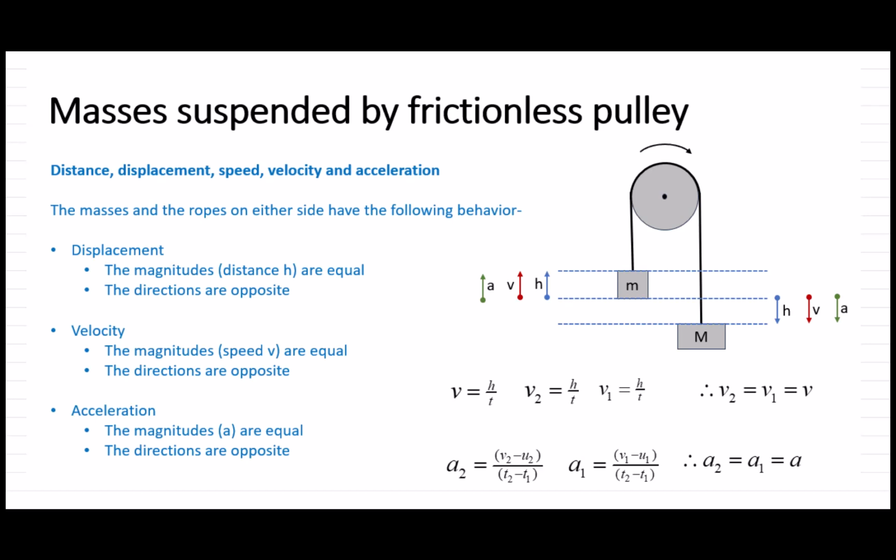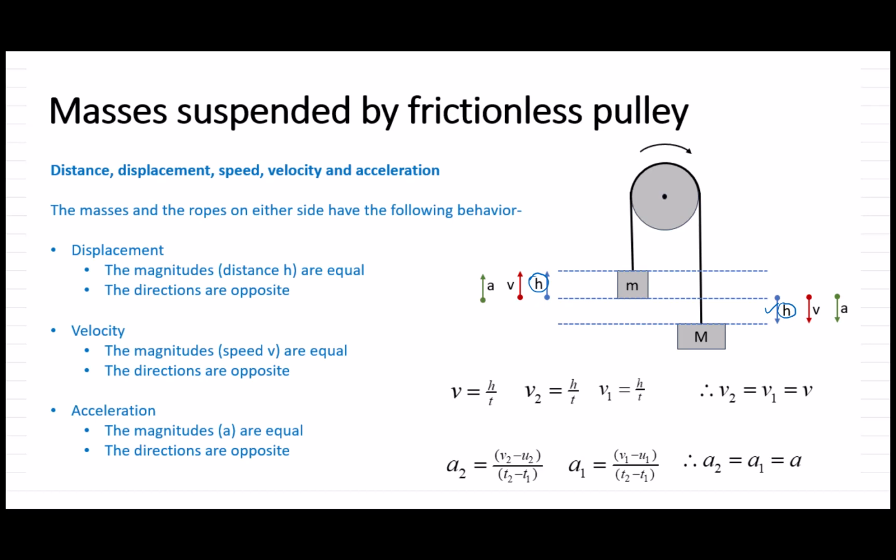As I mentioned earlier, the distance traveled by the right hand side of the string while going in the downward direction, if it is h, then since the string is inextensible, this implies that the small mass m, or the left hand side of the string, will go in the upward direction by the same height h.